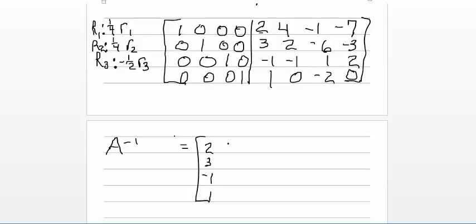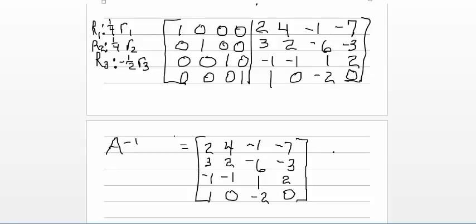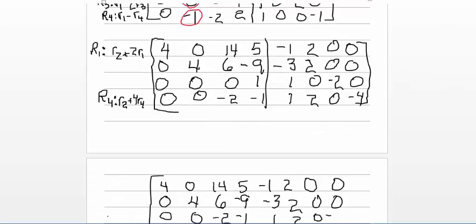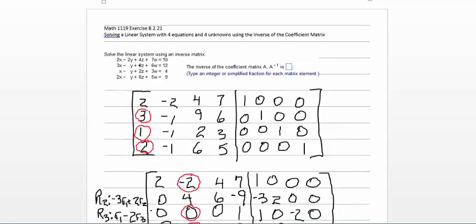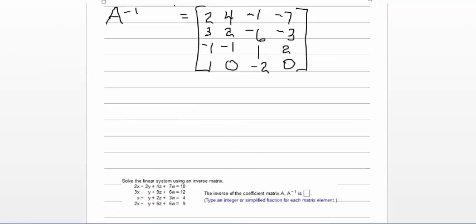So A inverse has a first column of 2, 3, negative 1, 1, a second column of 4, 2, negative 1, 0, a third column of negative 1, negative 6, 1, negative 2, and a fourth column of negative 7, negative 3, 2, 0. And we are going to multiply that by the matrix of constants, which are on the right side in our system.